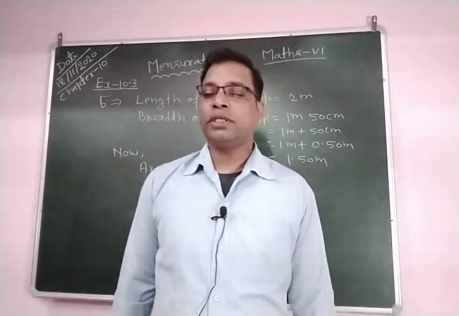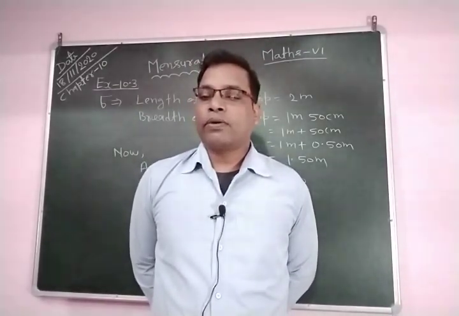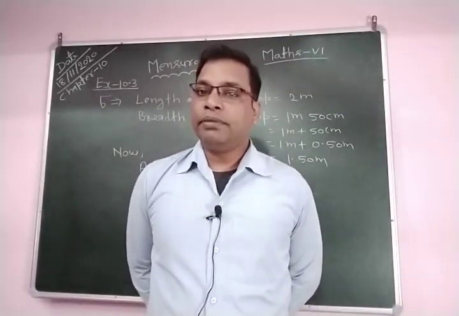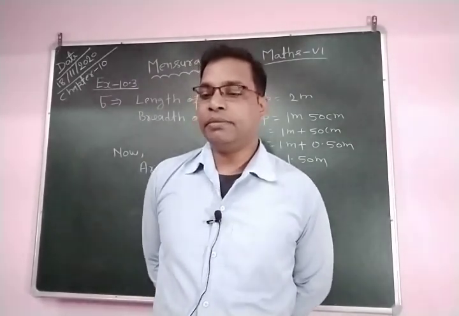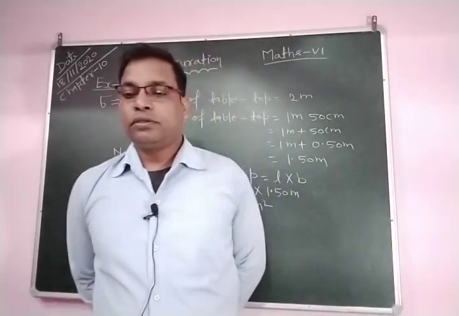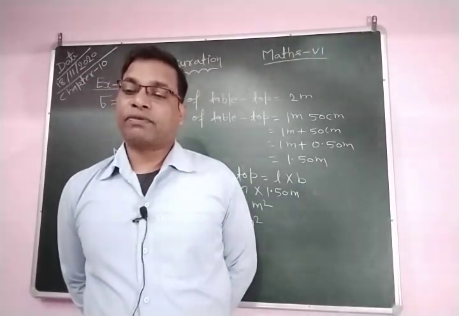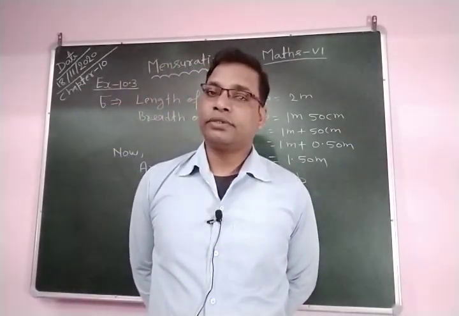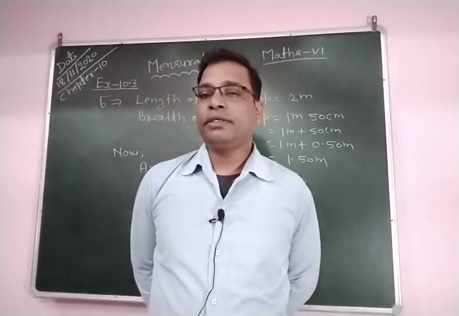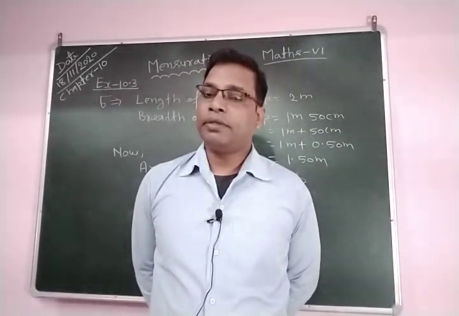So in this question, the length of the room is given 4 meters, and the breadth of the room is given 3 meter 50 centimeters wide. So the question asks us, how many square meter of carpet is needed to cover the floor of the room? Okay, so we need to find the area of floor of the room.